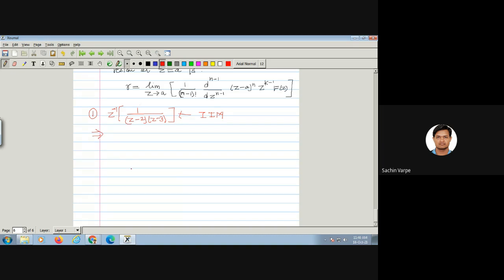So here, what are the poles? This is our FZ, right? Tell me the poles.